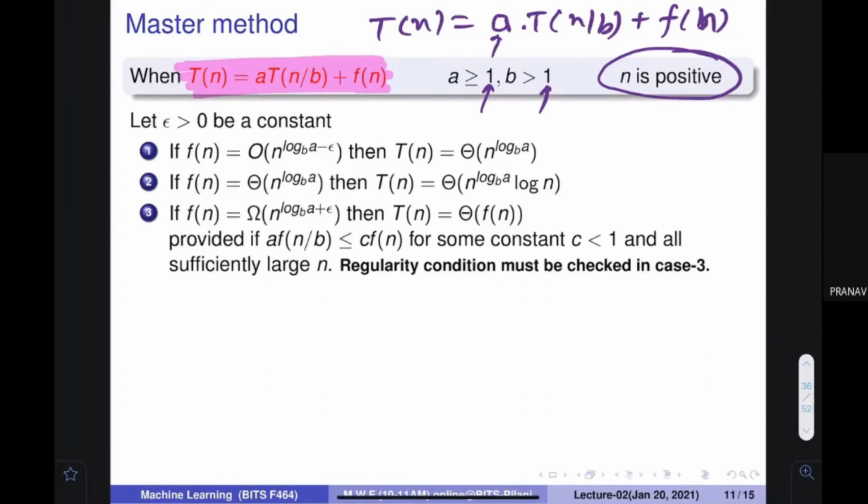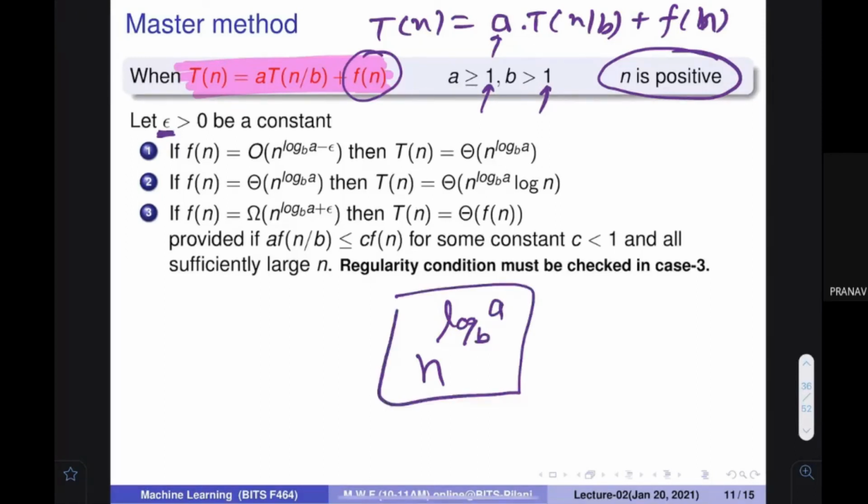Then, we find some epsilon greater than 0 and compare f(n) with a function that I am going to give you, n to the power log of a at the base b. If you compare these two things, there could be three cases.